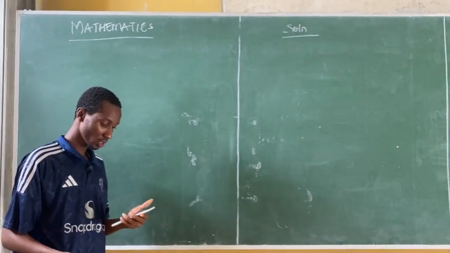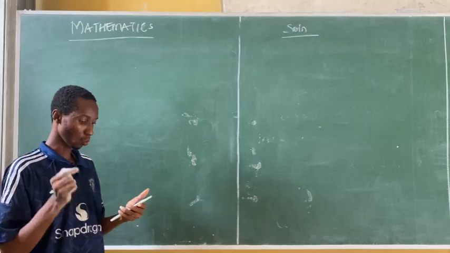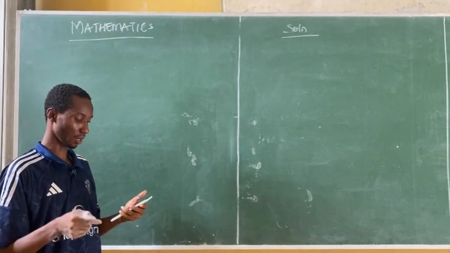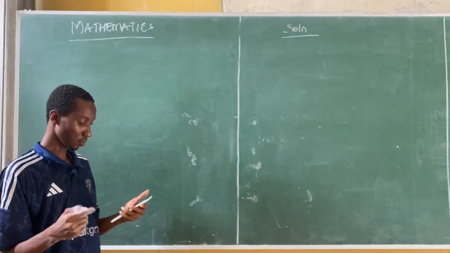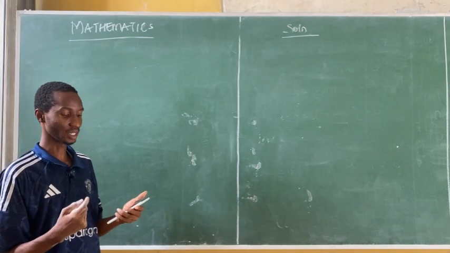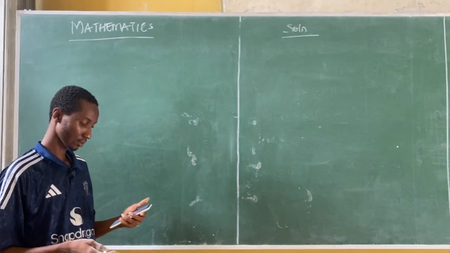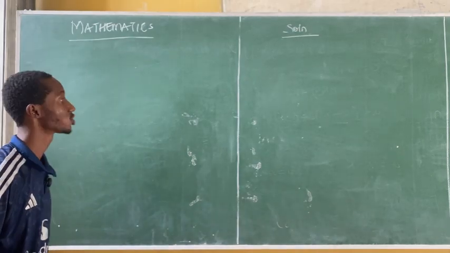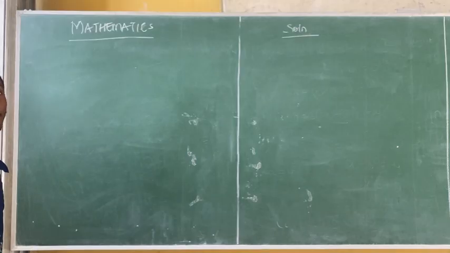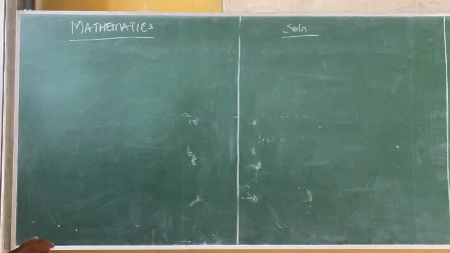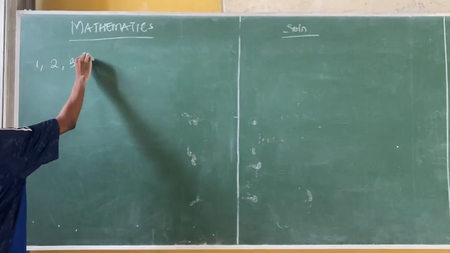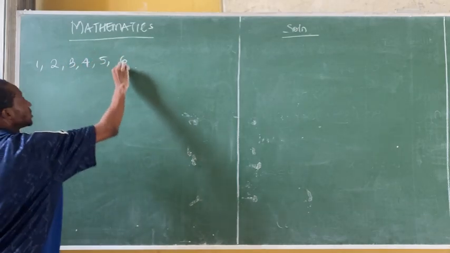Question 7 says a die is rolled once. What is the probability of getting an even number? Now, a die has how many numbers? 6 numbers, right? A die has 6 numbers, which is 1, 2, 3, 4, 5, and 6.